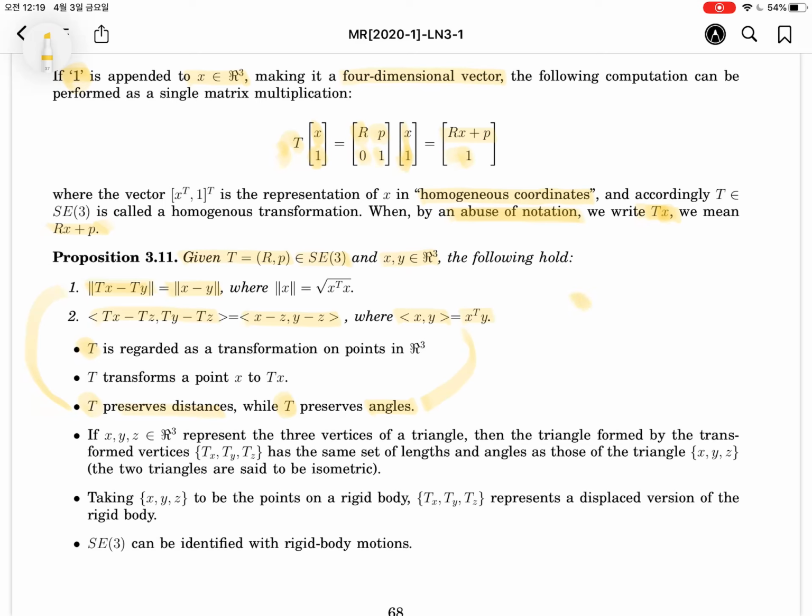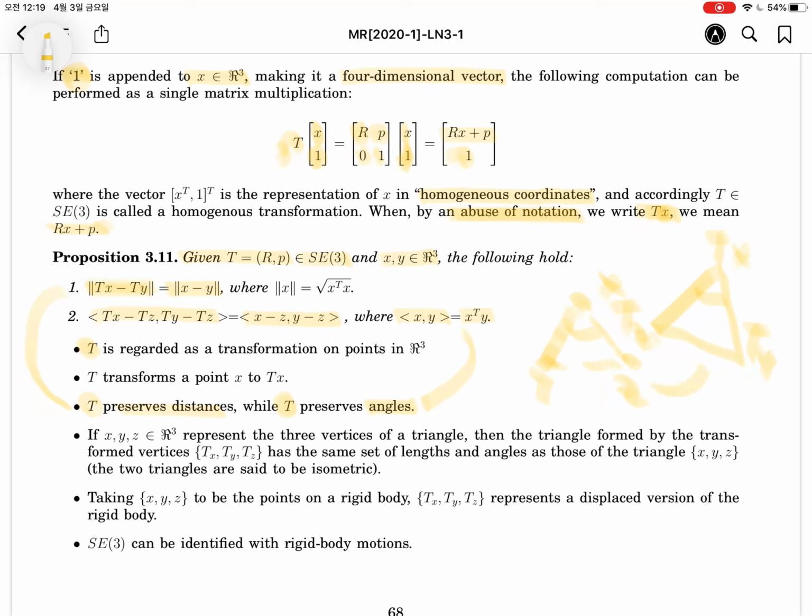So if you take the three elements to make the triangle, x, y, and z, let's assume that this is tx, this is ty, this is tz. At that time, the length will be the same, the angle will be the same, because the transformation preserves angle and distance. So we have the same triangle.